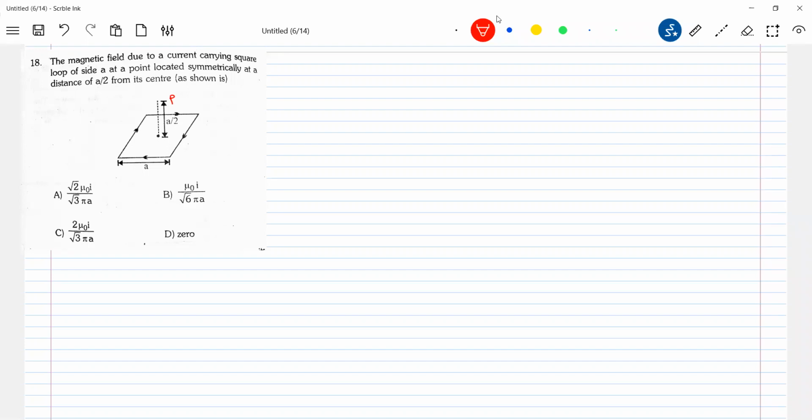So even for a square loop also, we can call that as axis. So what is that dotted line? You call this the axis here. On the axis at a distance A by 2. And let this be the center O. So we'll construct this square.